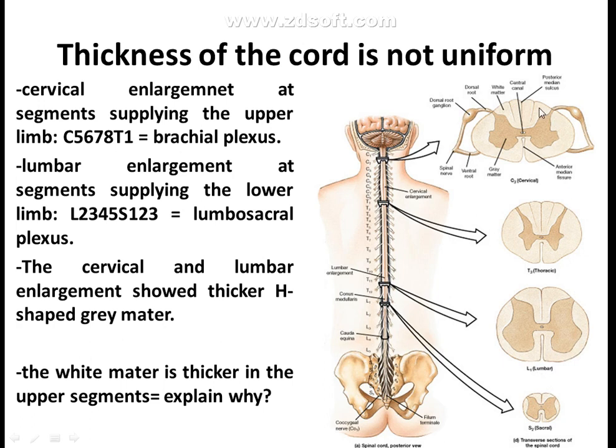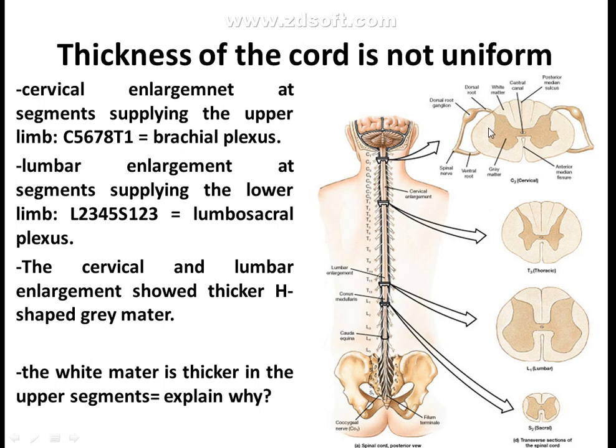contains myelinated nerves, and these myelinated nerves are either descending from the brain down to the limbs or trunk, which are descending motor nerve fibers, or the white matter contains ascending nerves, which are sensory nerves going up to the brain.